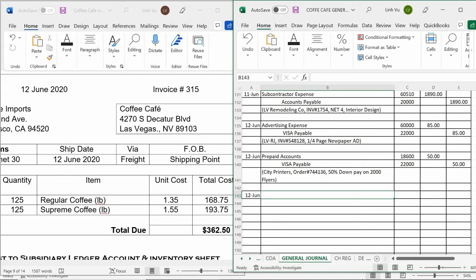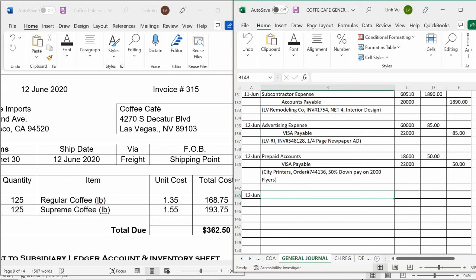How do we record perpetual inventory? You would record it as inventory.